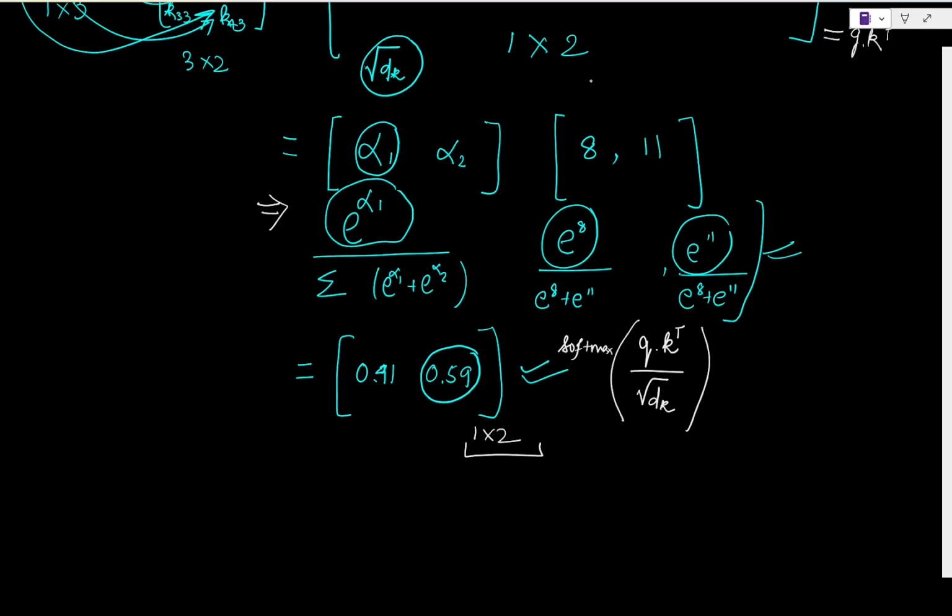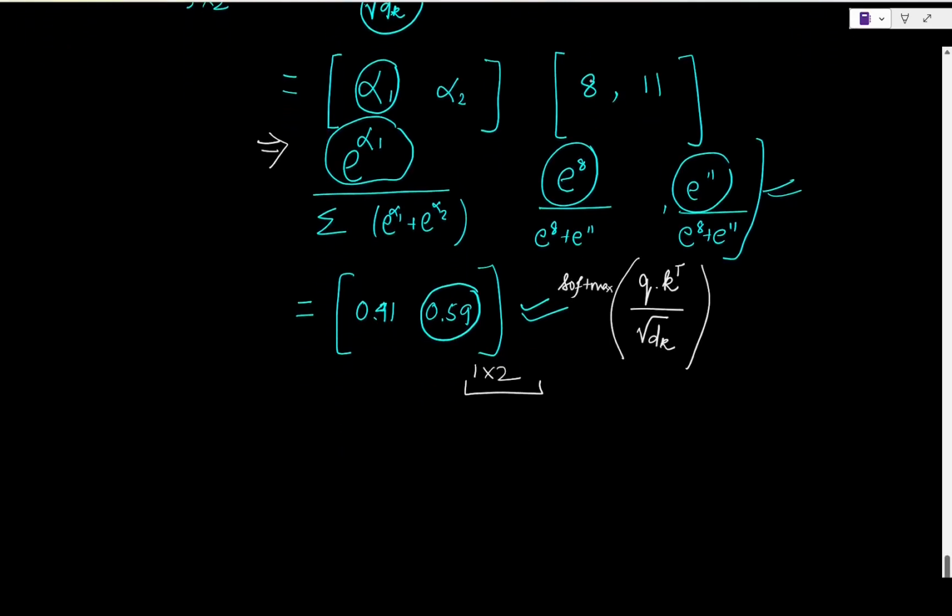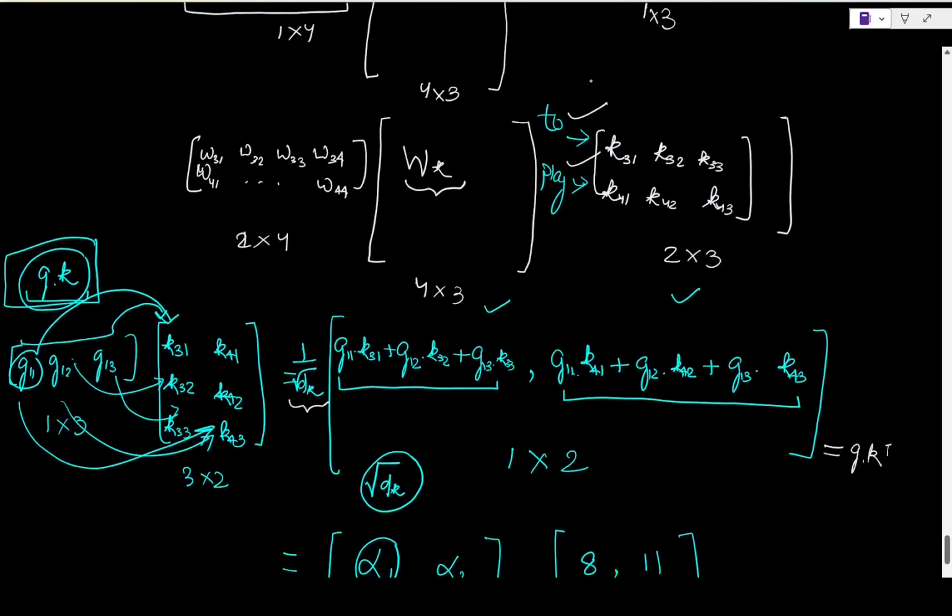Now, it should be simpler to see how this would play out in a bigger context. Here I considered just two keys. I could have easily considered all the 5 words as well, right? In that case, this K matrix would have 5 words in it. Here I took 2 words, so this was 2 by 4.